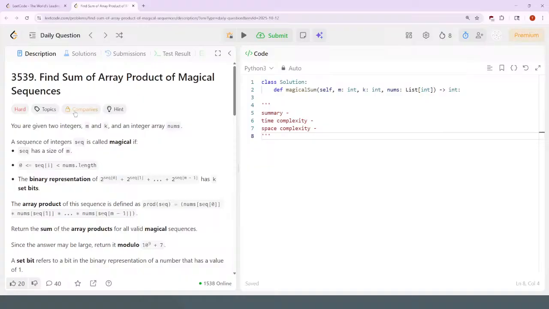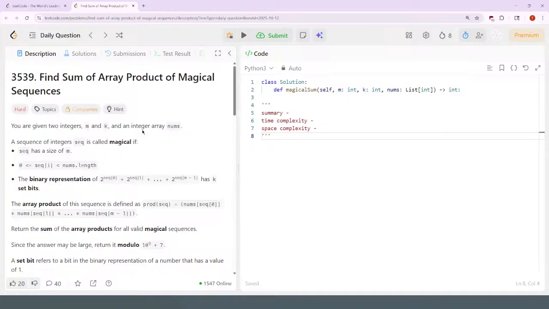You're given two integers m and k, and an integer array nums. A sequence is called magical if it has size m and 0 is less than or equal to the value of the sequence at I, less than nums.length.